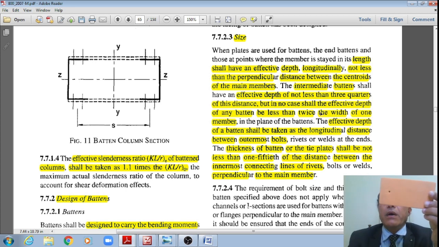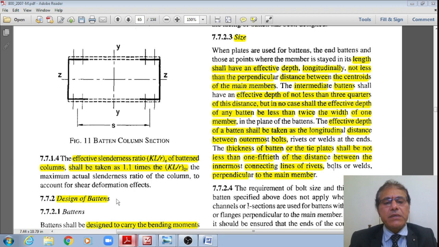However, for the intermediate battens, it shall have an effective depth of not less than 3/4 of this distance, but in no case less than twice the width of one member in the plane of the batten. The effective depth of the end battens shall be taken as the longitudinal distance between the outermost bolts, and the thickness of the batten should not be less than 1/50th of the distance between the innermost connecting rivets.